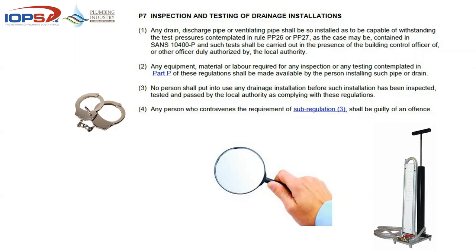You'll be getting the phone call saying, I've appointed you, you are the professional, competent person on site as far as my plumbing and drainage is concerned. You were responsible to have this drainage tested. So just bear that in mind. Inspected, tested, and passed.